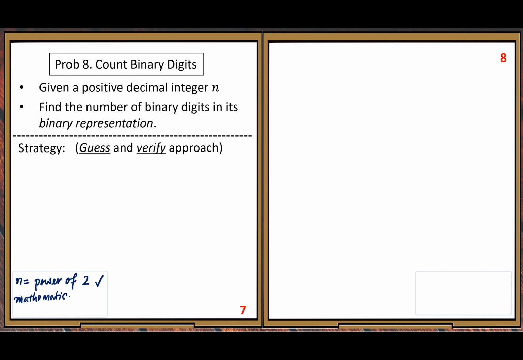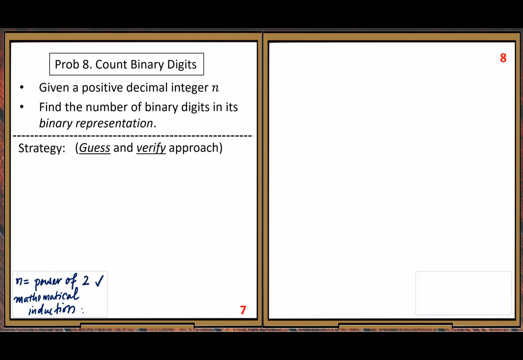To verify, we apply mathematical induction here. So that's what you learn in discrete math. Discrete math, mathematical induction, very powerful tool.